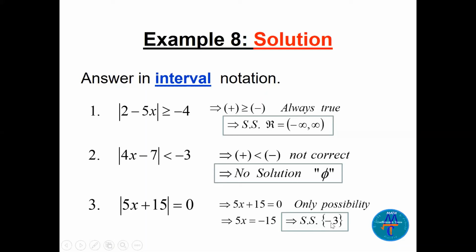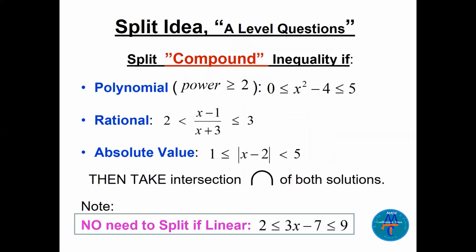So when you have C negative or 0, you have to discuss it alone. If the number is positive, then use case 1, case 2, or case 3. Now, the split idea. When do we split? We mentioned it a little in lecture 25, and we are mentioning it more here.